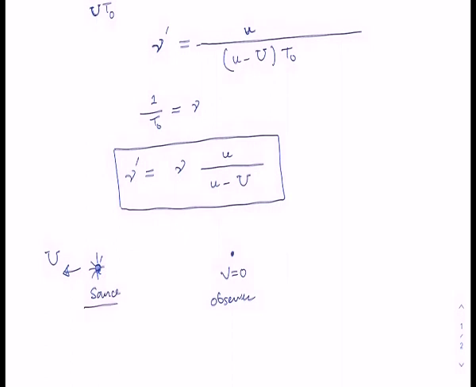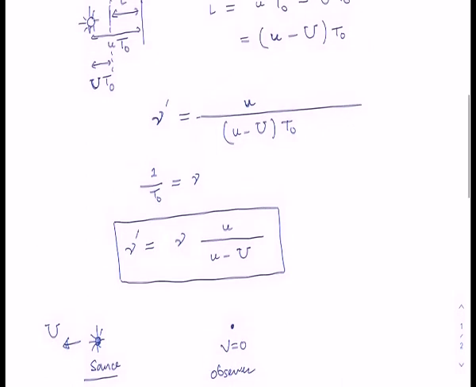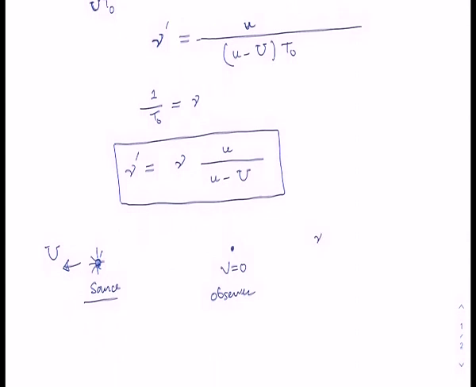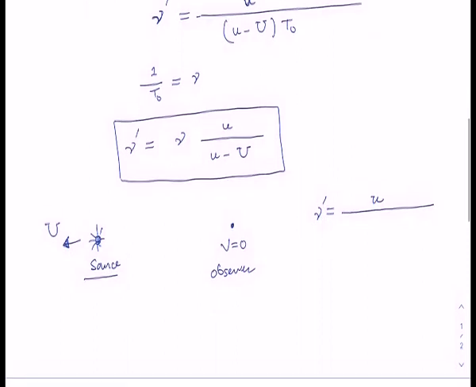In this case, the only difference is that the speed of sound as measured by the observer would be simply u, because the observer is at rest. But the wavelength of sound as measured by the observer is going to change because the source is moving away.